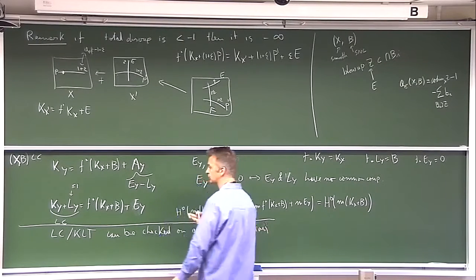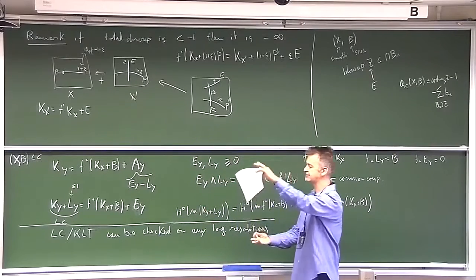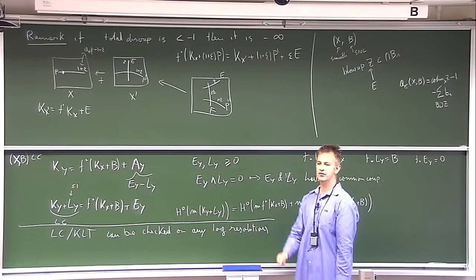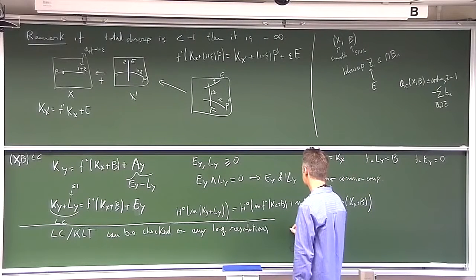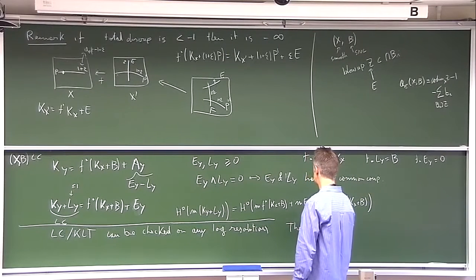So it's quite easy to check these conditions. You make it have simple normal crossings and you just look at the coefficients. And the remarkable thing is that they have mild singularities.